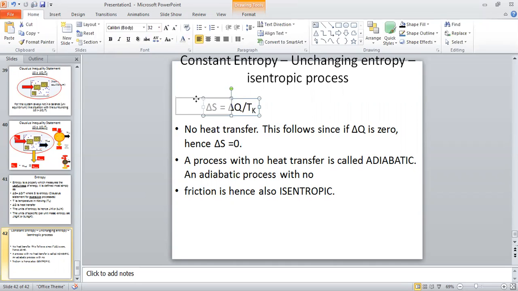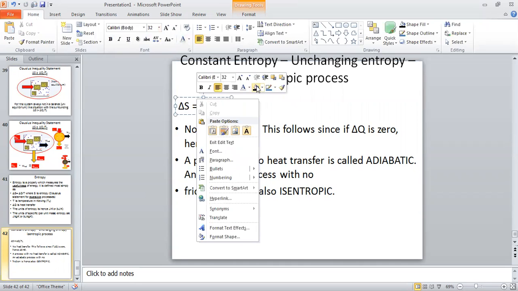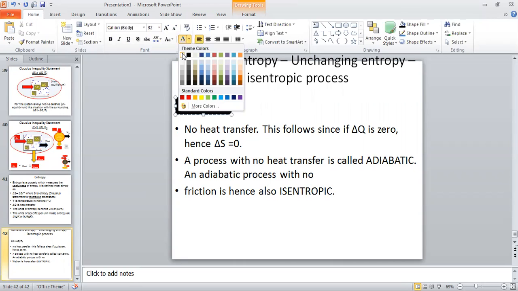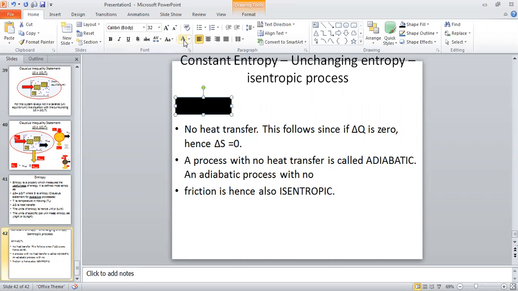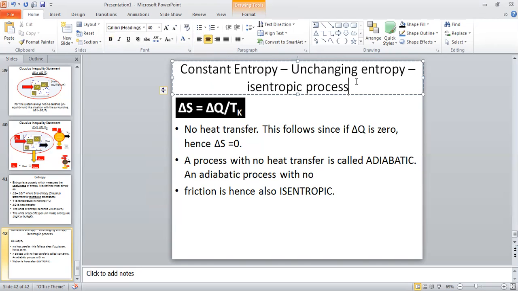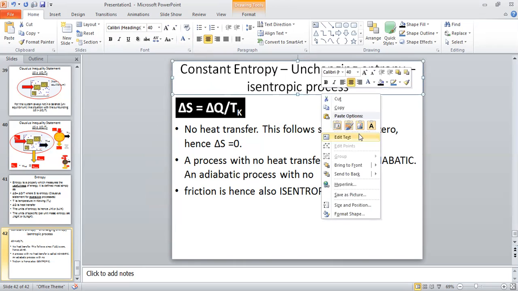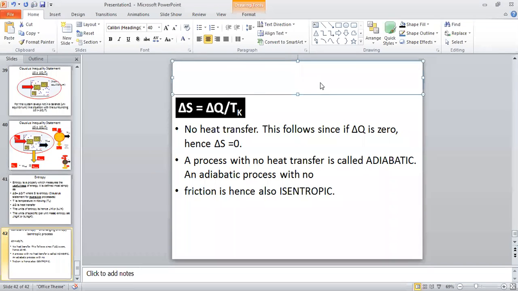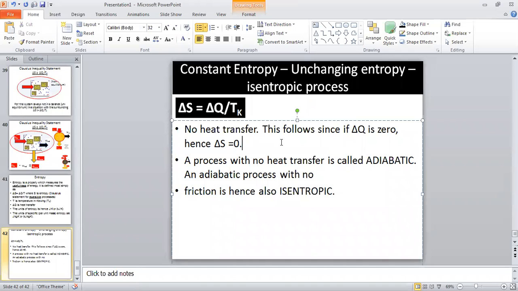So delta S can be written as delta Q by T_K: delta S is equal to delta Q by T_K. For isentropic, no heat transfer.